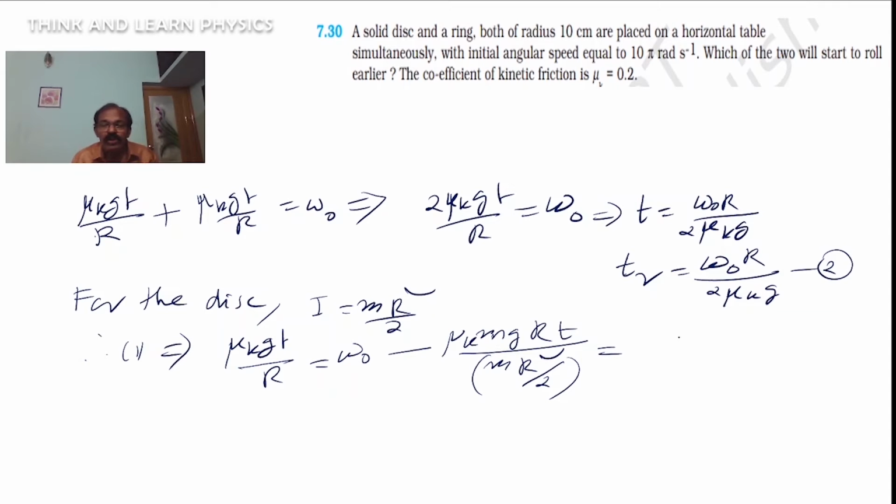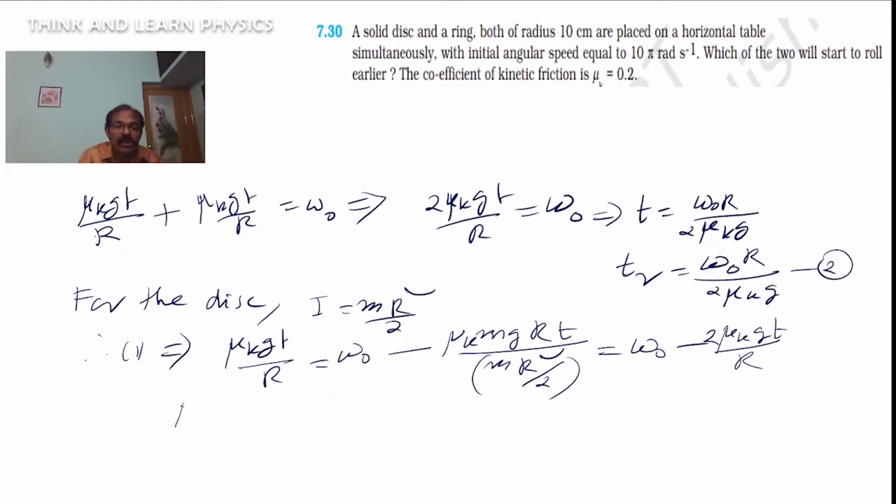This is equal to omega naught minus 2 into mu k g t divided by r.